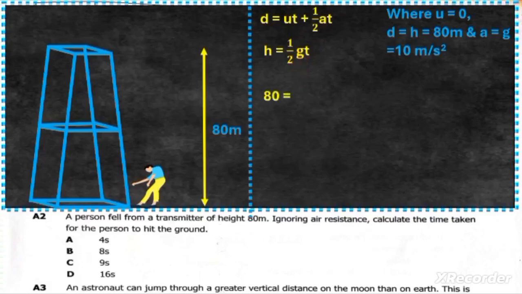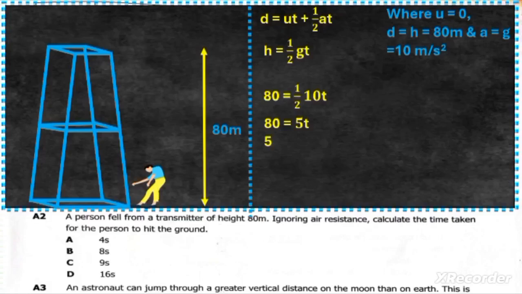The next thing that we are going to do is plug in the values we are given. Where there is height, we are going to write 80 meters. Then where there is gravitational acceleration, we have written 10. Let us work out. We have 80 is equal to 5t squared.